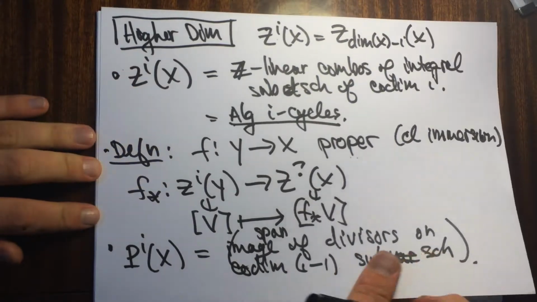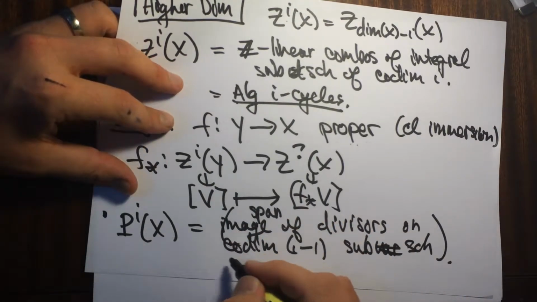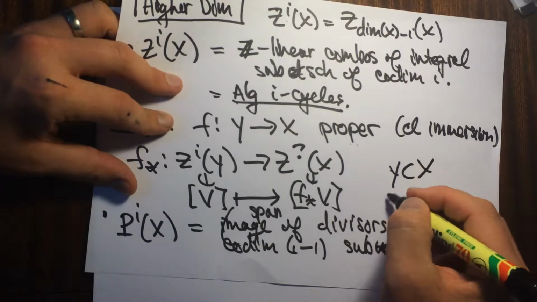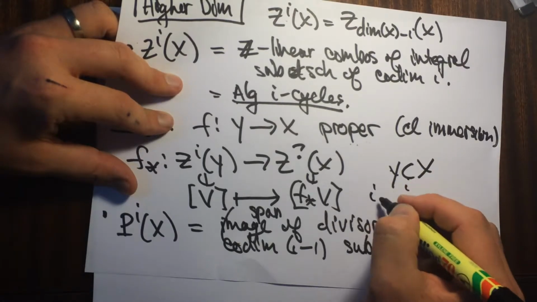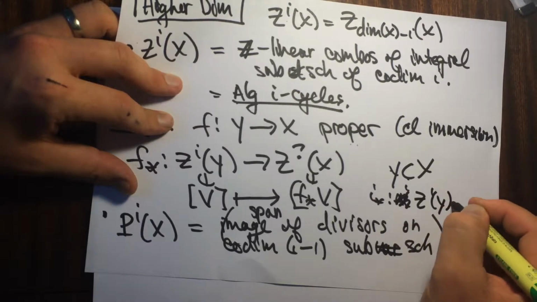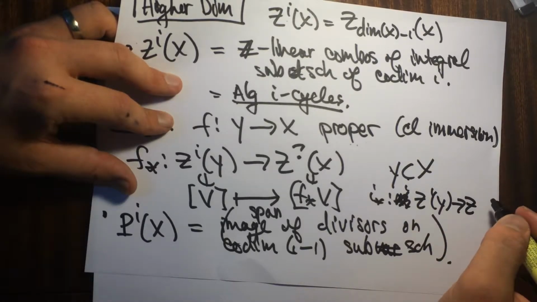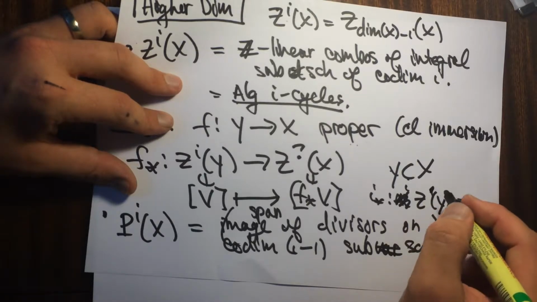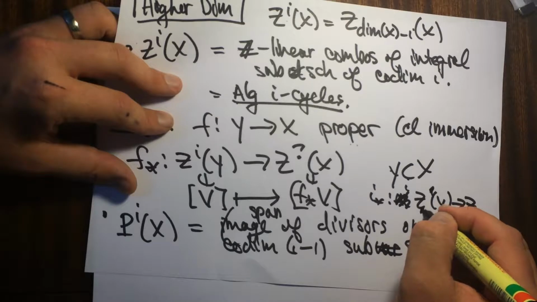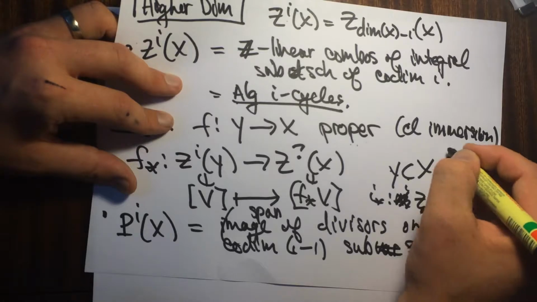Okay, so we have this, and now I can finally define the image of these things. So we have a codimension 1 thing. We have Y sitting in X, and this is a proper map, and so we have an i_* from Z_1 of Y to Z. Let's say Z_m, where the dimension of Y minus 1 is equal to m.